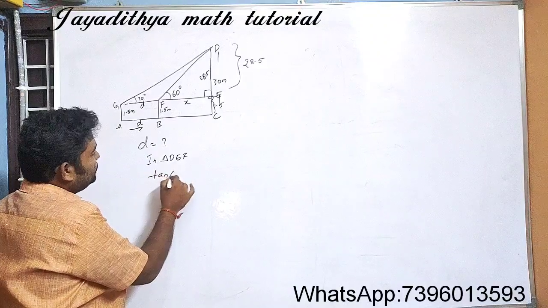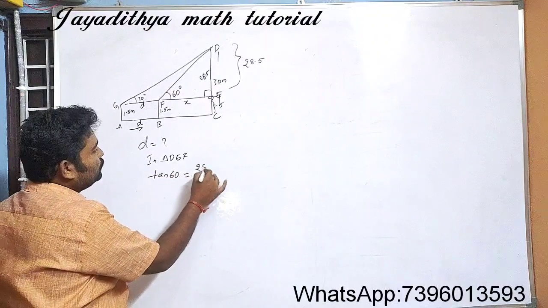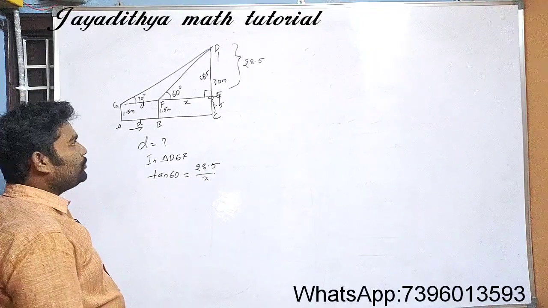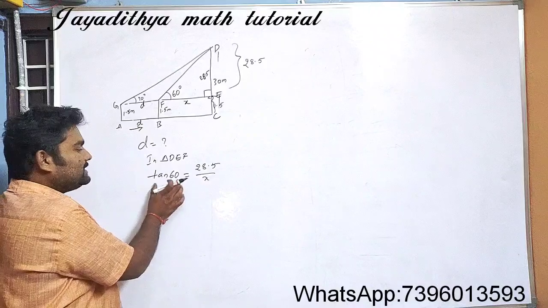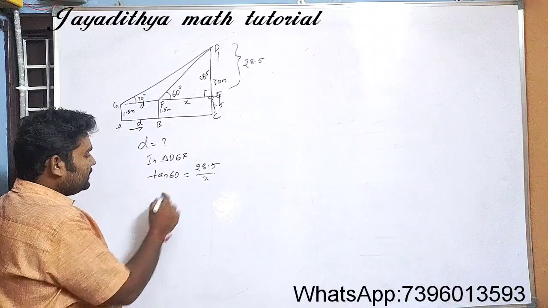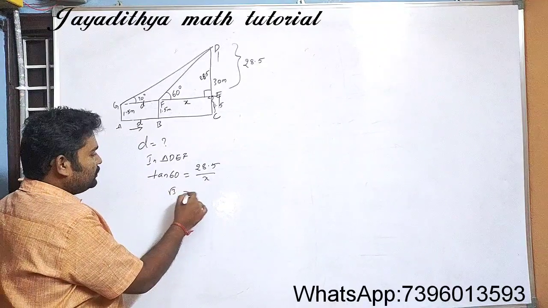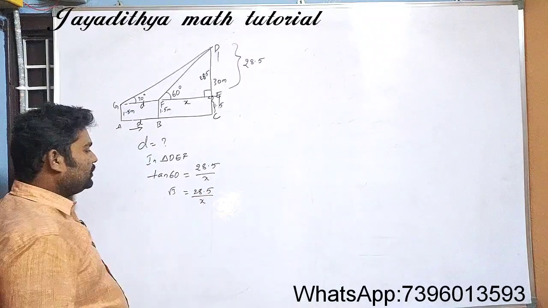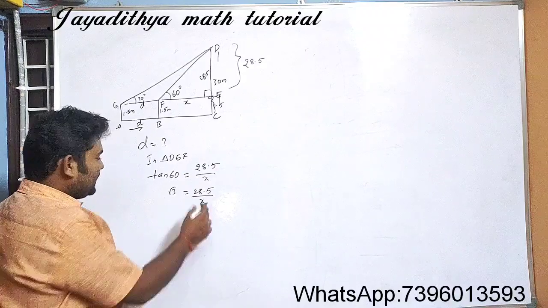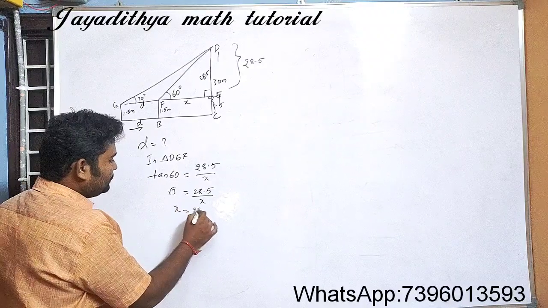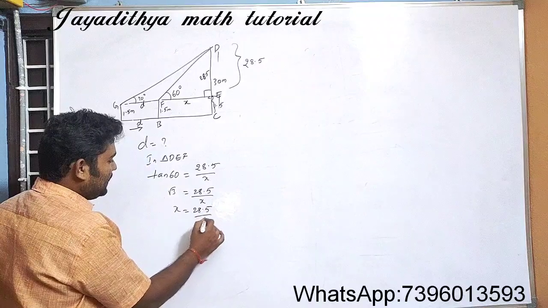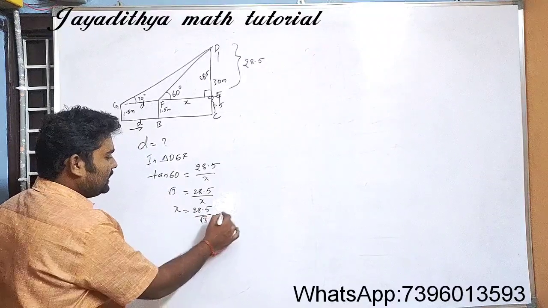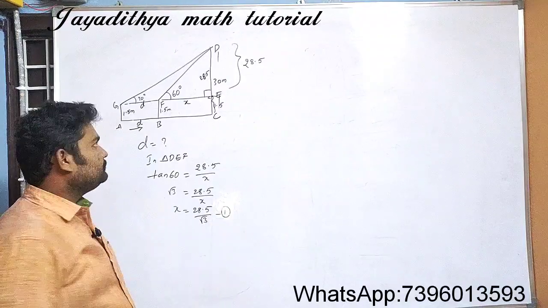That is tan 60 is equal to 28.5 by X, that is opposite by adjacent. What is tan 60? Tan 60 is root 3, equal to 28.5 by X. So what is X from here? That is 28.5 by root 3. Let us take this as equation 1.